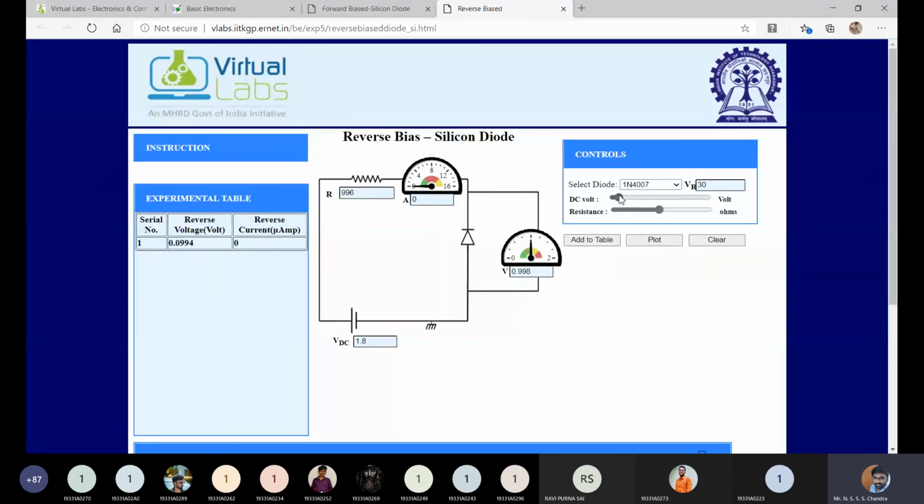I'll increase the voltage. It is still 0 microamps. I'll add to the table. Still 0. Somewhere here, you can see that a small rise in current is there, 0.5 microamperes. It's micro, it's not milli.